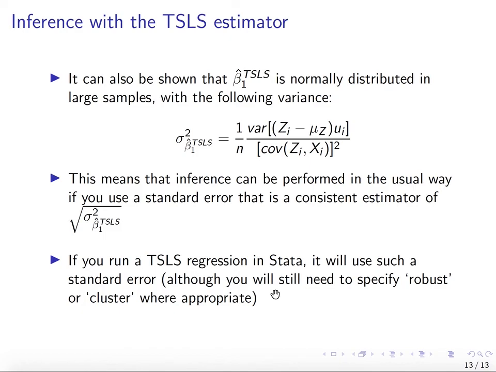But if I am showing you the result in Stata of a beta two-stage least squares instead of a beta OLS, you would interpret the p-values and the standard errors and so on exactly in the same way we're used to in the OLS. This finishes the first part of class 21.